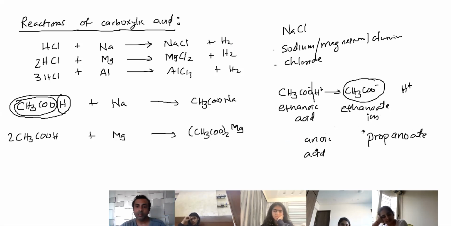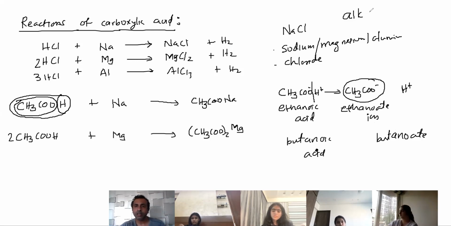If the acid is butanoic acid, the anion will be butanoate, and methanoic acid will be methanoate. So in general, the anion name will be alkanoate, where alk is the variable: meth, eth, prop, but, etc. Okay, so that's how you name the anion.